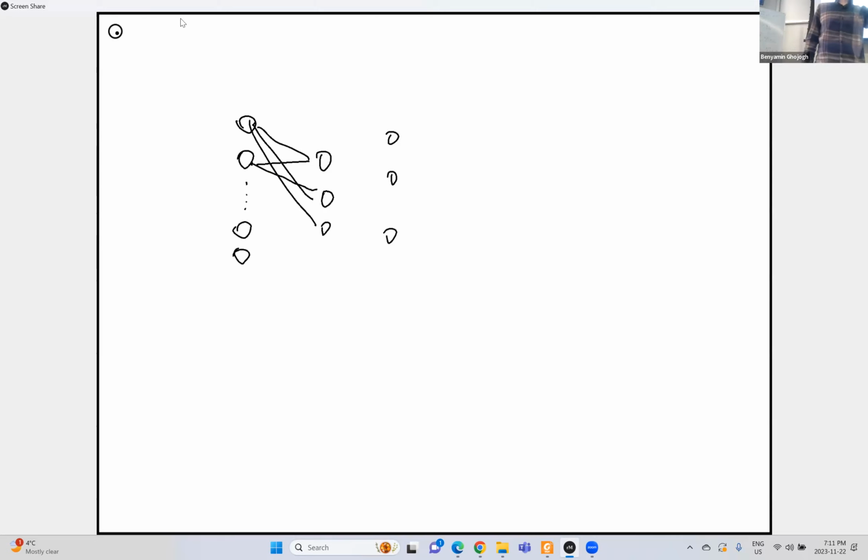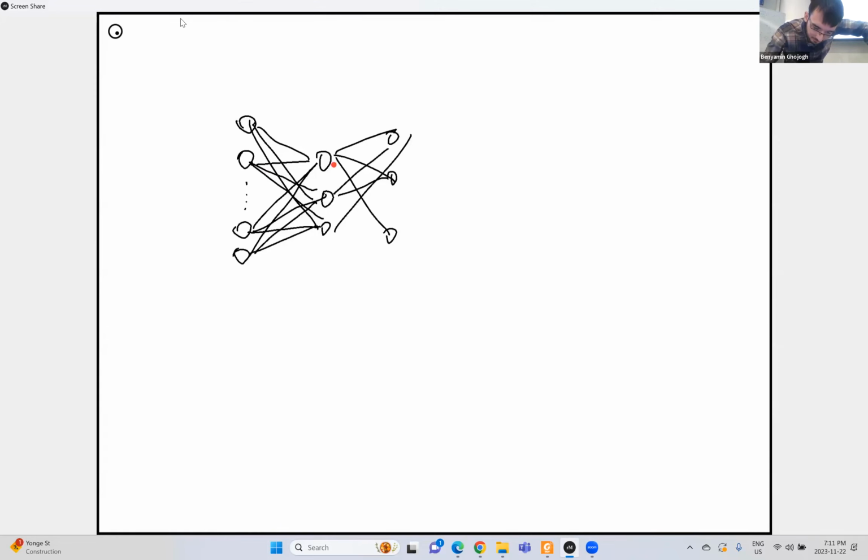The neurons of the same layer are not connected to each other. So I have something like this, and also like this. This is called a fully connected neural network. And each of these is a layer. At the end of every layer, I have a bunch of nonlinear activation functions. This is called a fully connected neural network.